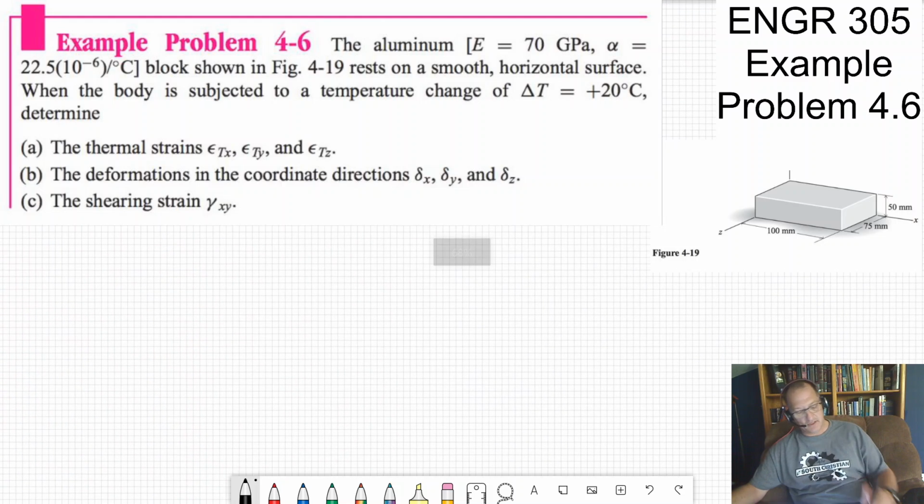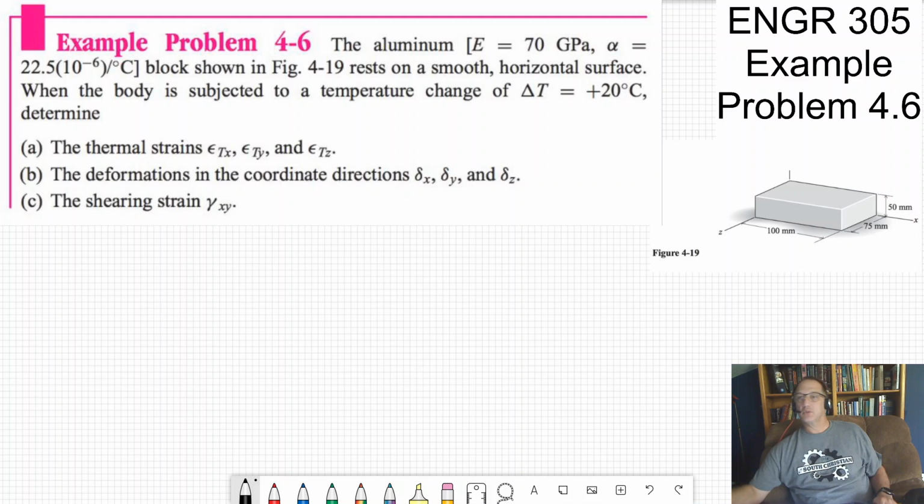They're giving it to us as a delta T, but I like T_F minus T_I because that makes sure that we have our sign right and get our strain right. They're telling us what our alpha is. It's 22.5 micro per C.